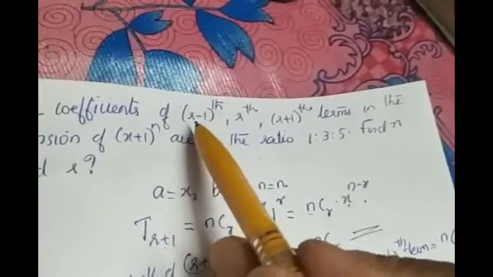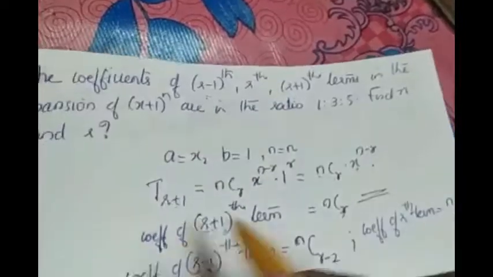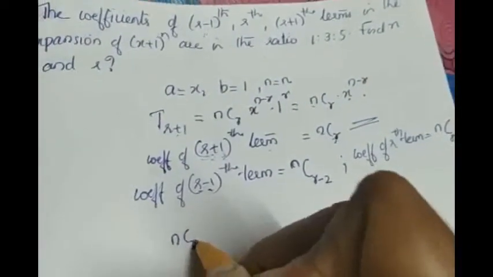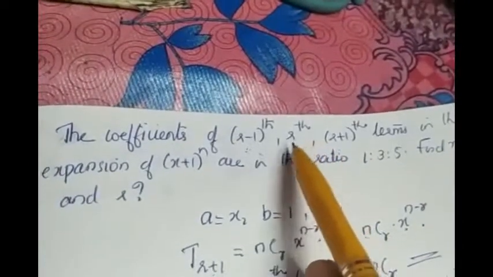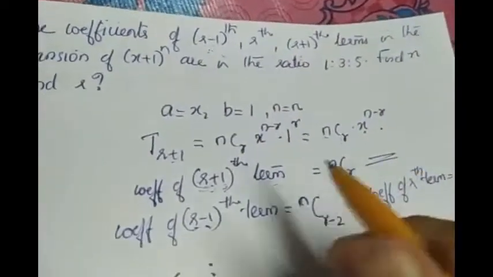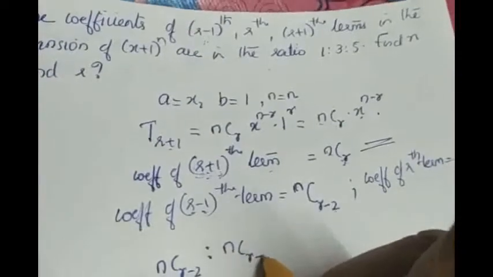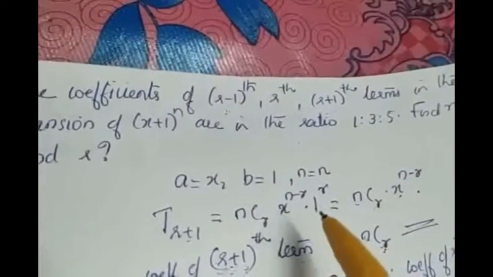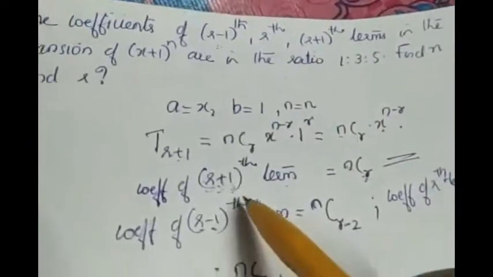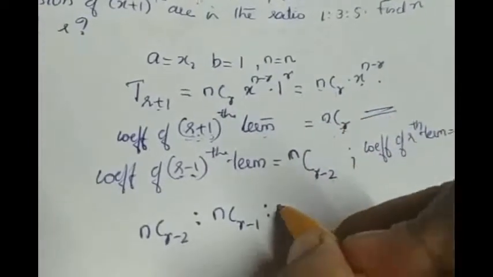Again, what is given? The coefficient of the (r-1)th term, that is nC(r-2), the rth term is nC(r-1), and the (r+1)th term coefficient is nCr.